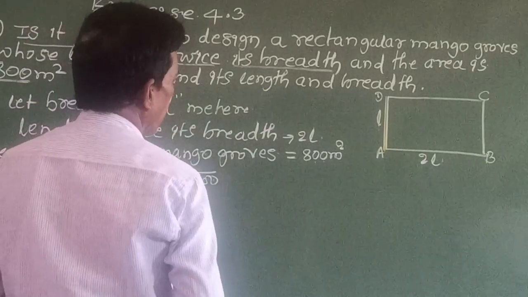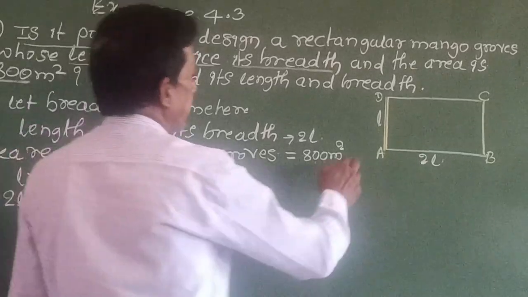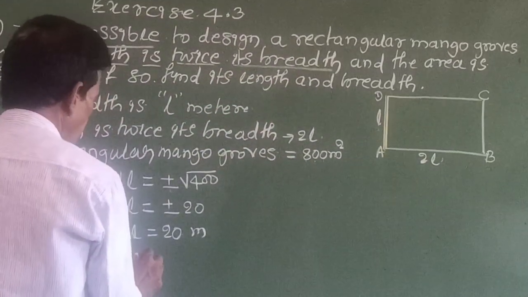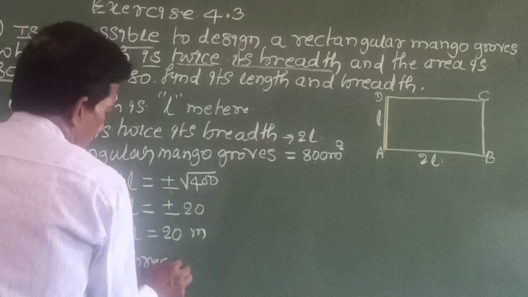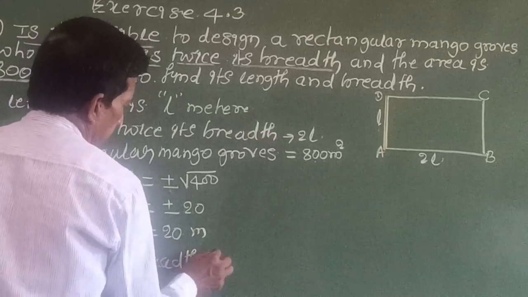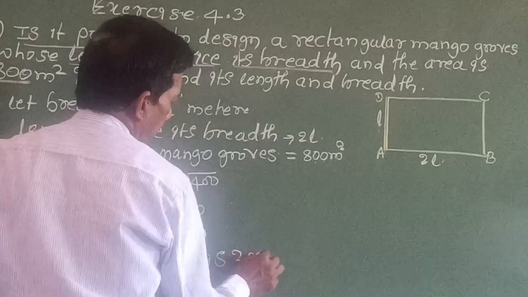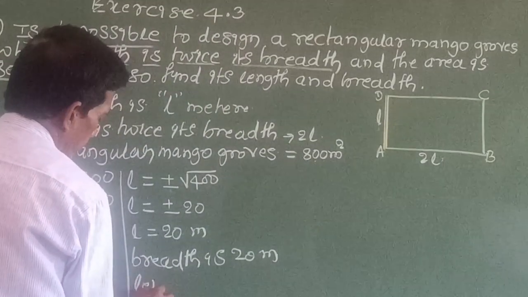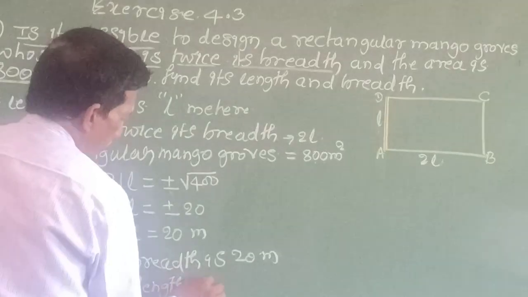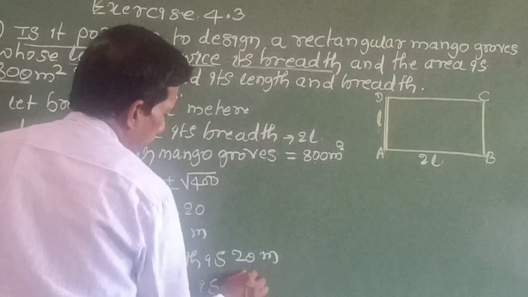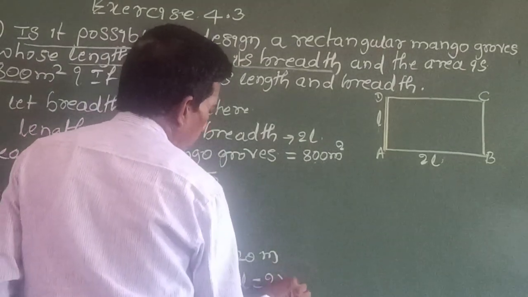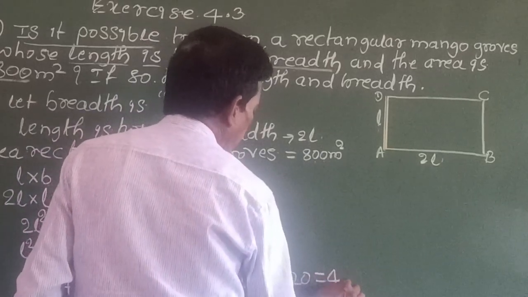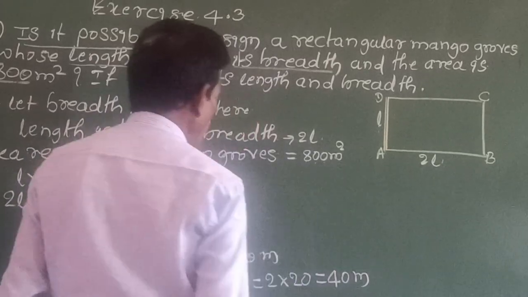So the breadth is 20 meter, and the length is 2L, 2 into 20 equal to 40 meter.